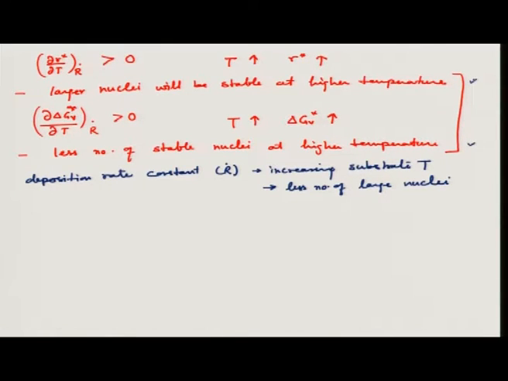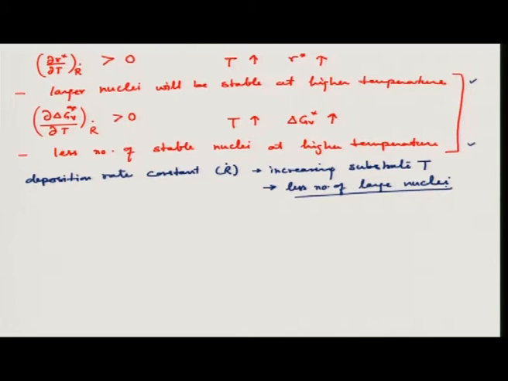Okay. And if you keep the growth of the film constant, then these fewer large nuclei will grow and form the film. Okay. Let us discuss the other part also.